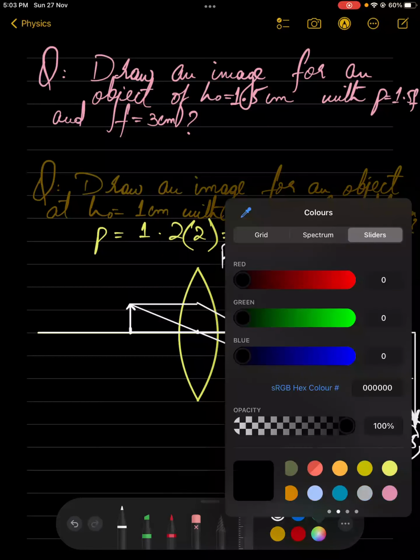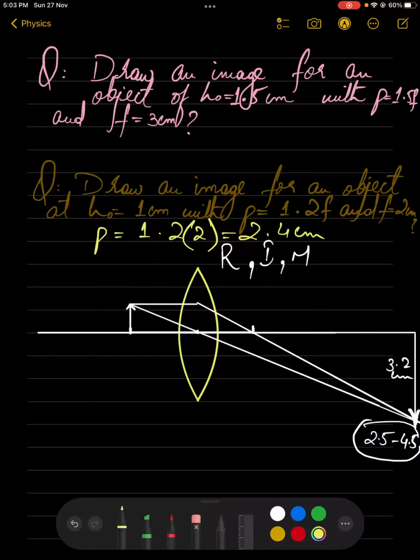Now, since we are perfectly clear with both of these questions, you guys have got your answer.